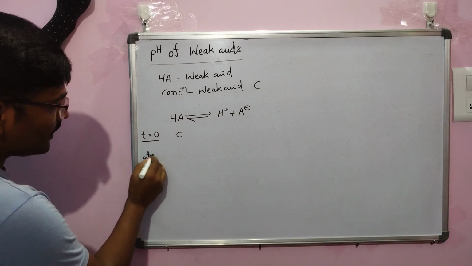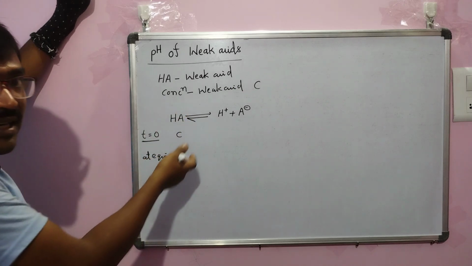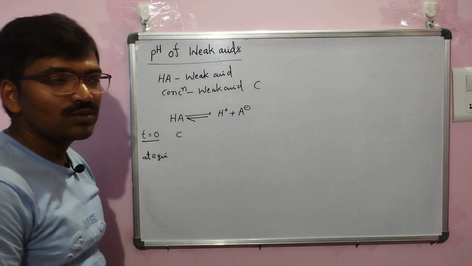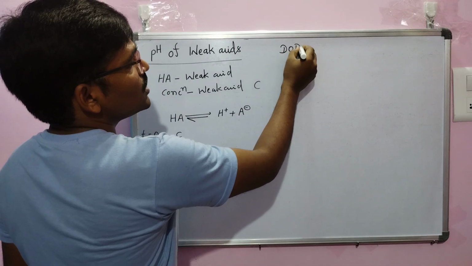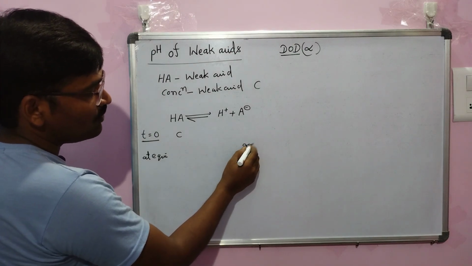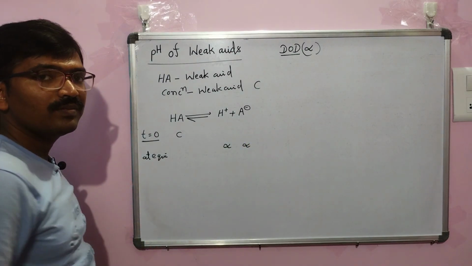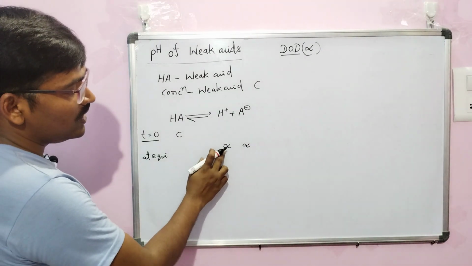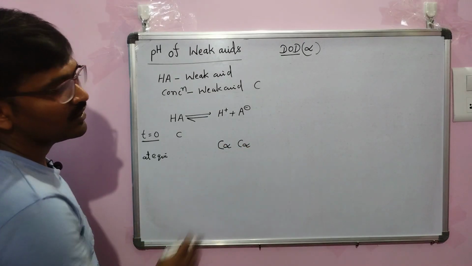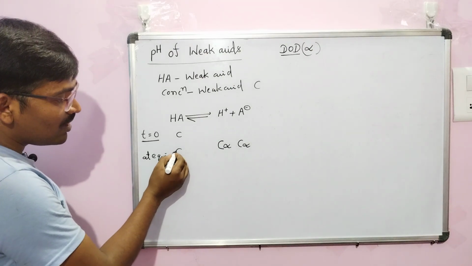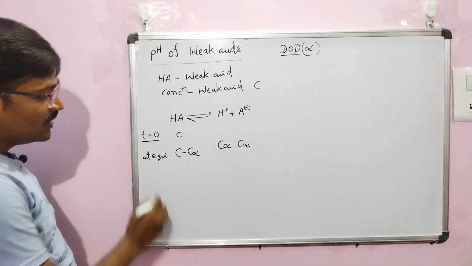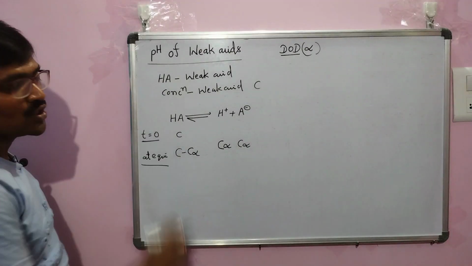At equilibrium, some extent of the concentration is dissociated, which we call the degree of dissociation, represented by alpha. So C alpha is dissociated from the original concentration, and that much we remove from C. These are the concentrations at equilibrium.